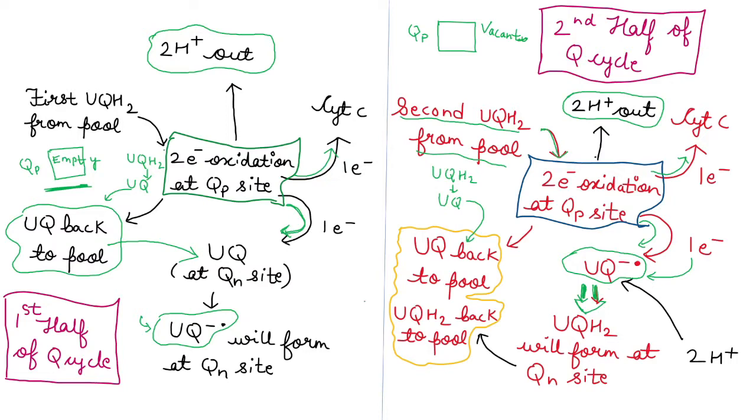But we also know that UQ has to accept 2 hydrogen atoms and 2 electrons to get reduced to UQH2. We know this. So to completely reduce this, here it will require one H+ ion to get converted into this, and here also it will require one more H+ ion to get converted into this.